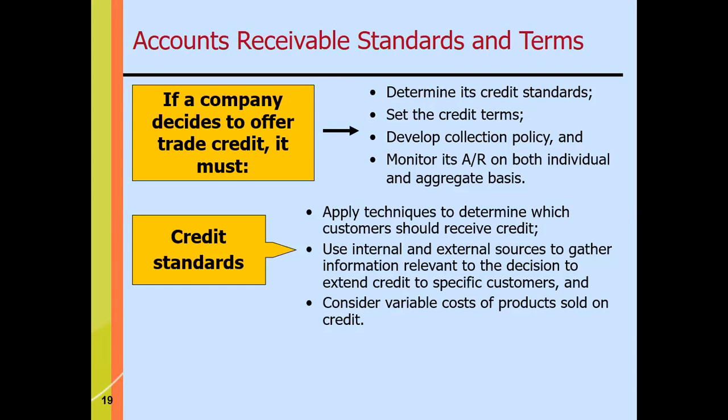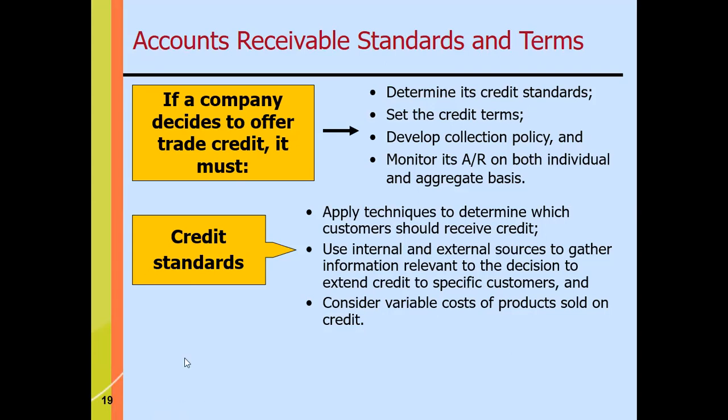Now, credit standards would involve the application of techniques to determine which customers should receive credit. In that, we are going to look into internal and external sources to gather information relevant to the decision to extend credit to our specific customers. So that's explanatory.